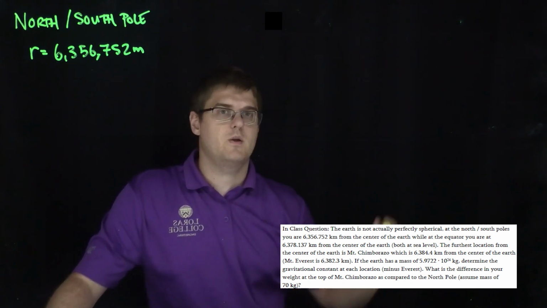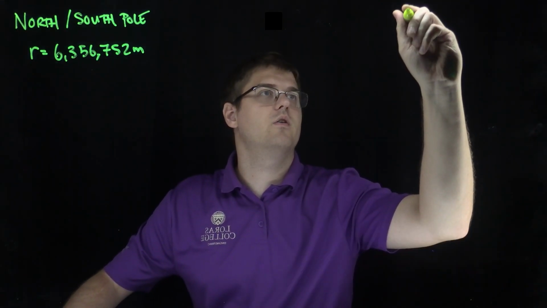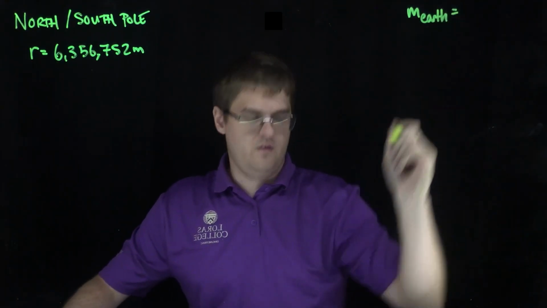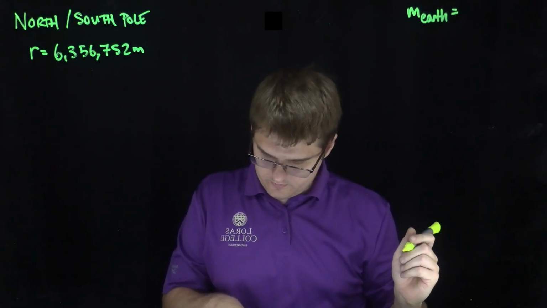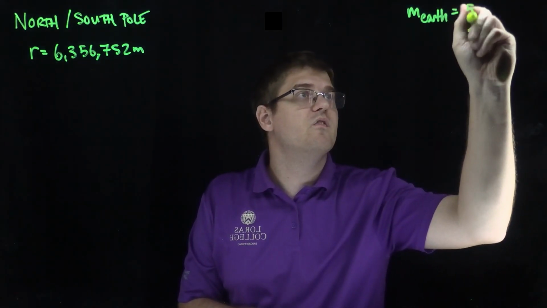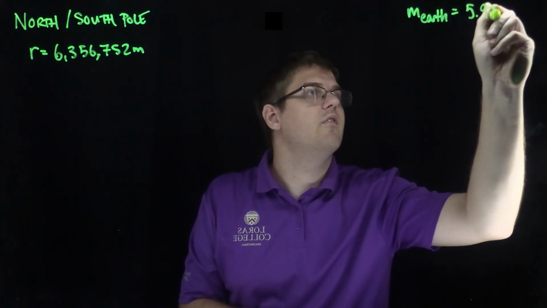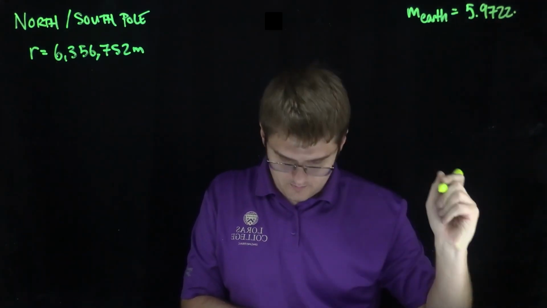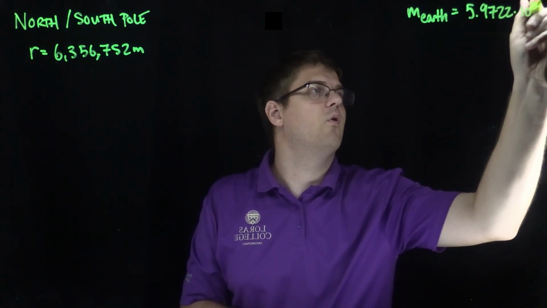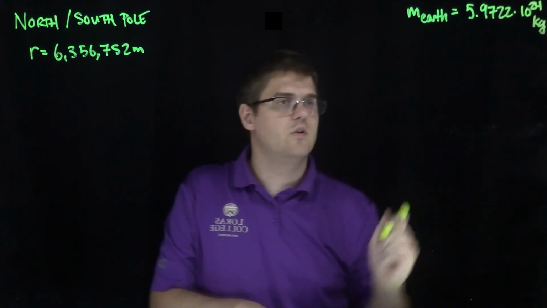We know, and I'm going to put this on this side, the mass of the Earth. The mass of the Earth is 5.9722 times 10 to the 24th, and I did run out of space there, kilograms.